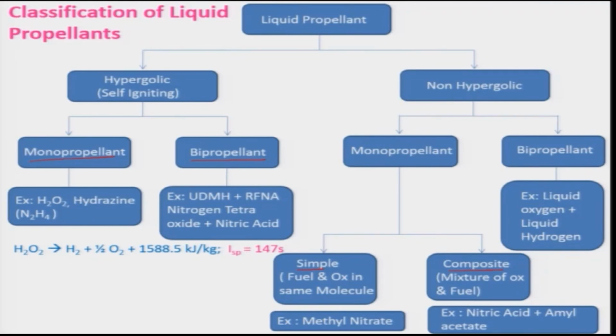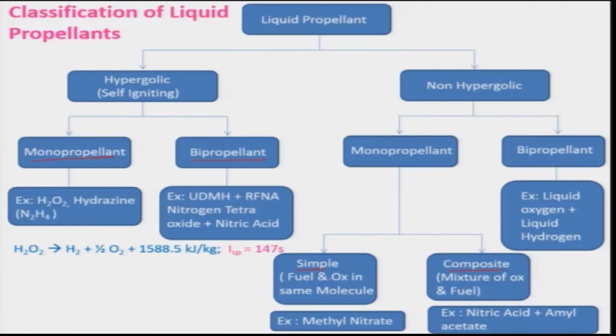So it is similar to that, but it is in liquid state, and one example is methyl nitrate. Whenever it is ignited, it will decompose and undergo an exothermic chemical reaction, producing a certain amount of heat.